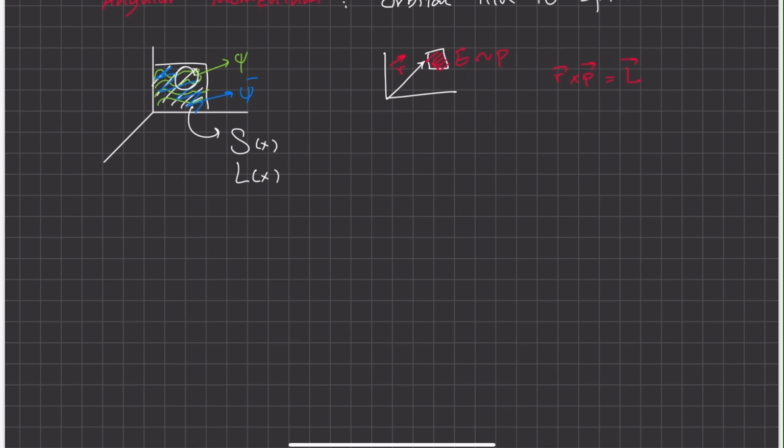So let me say I have symmetry in time translation, that is equal to energy conservation. Similar symmetry in space is momentum conservation.